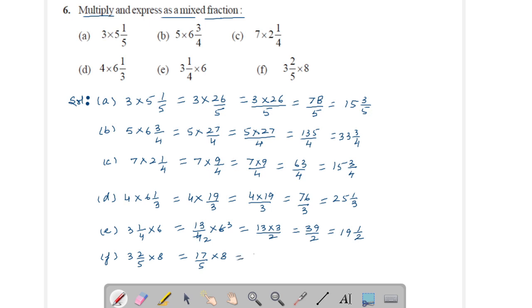This can be written as 17 into 8 upon 5. 17 8s are 136 upon 5. Convert it into mixed fraction, you will get 27, 1 upon 5. This is your answer.